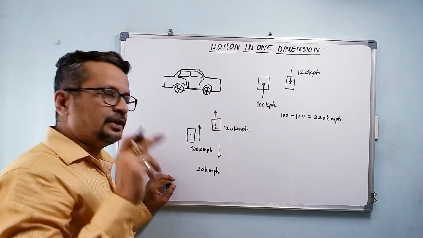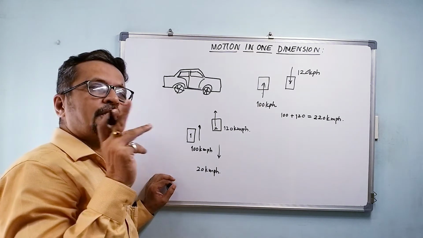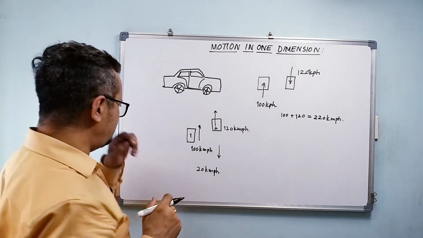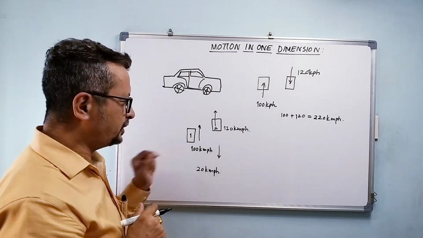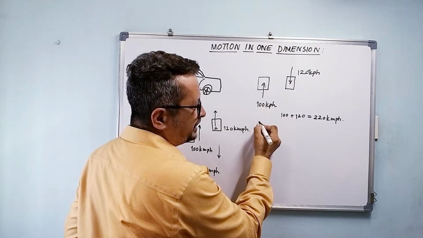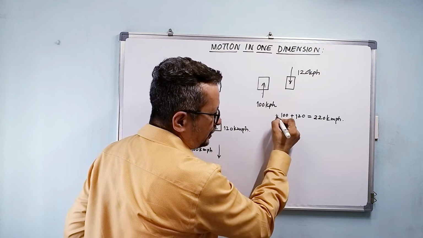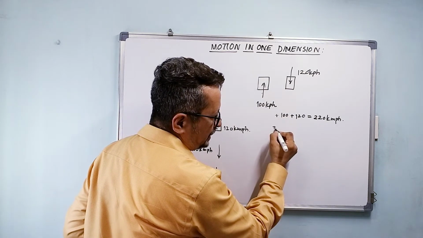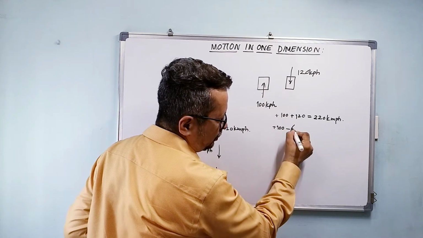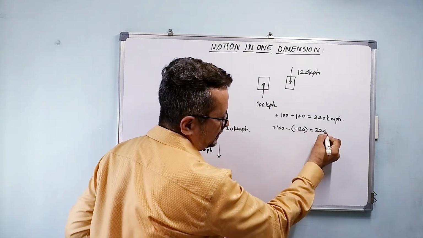Now here we were talking about relative velocity, right? I'm taking plus 100, and minus of minus 120 I am doing, and then I am getting 220 here.